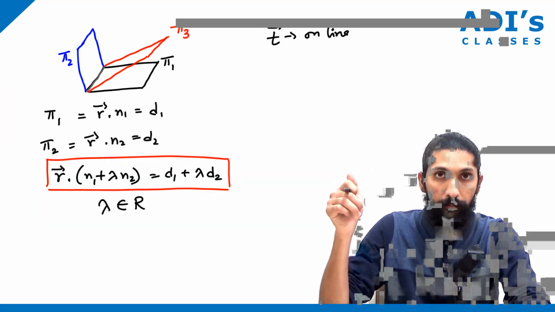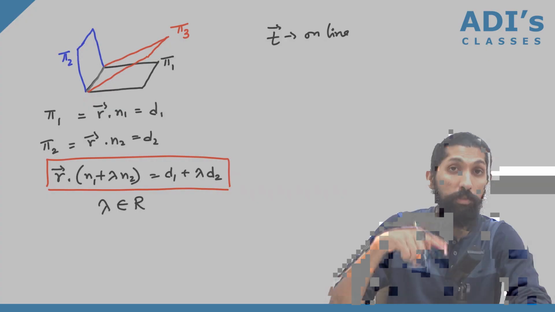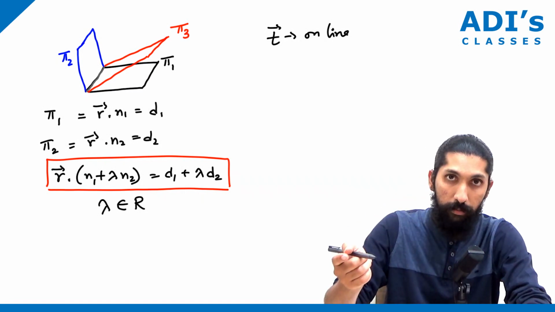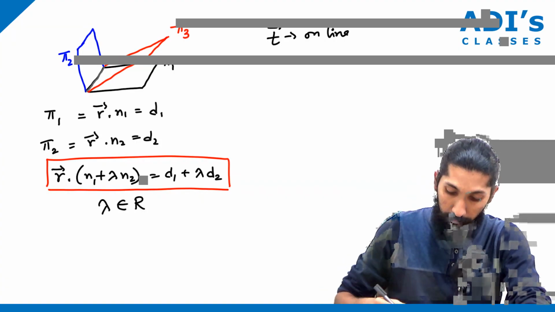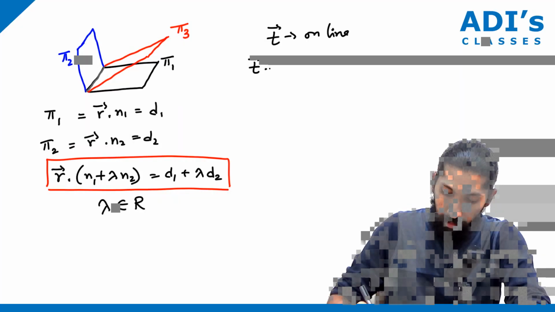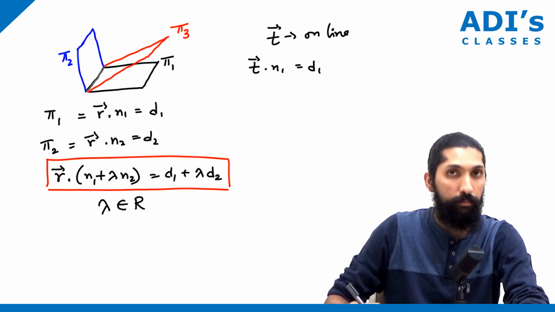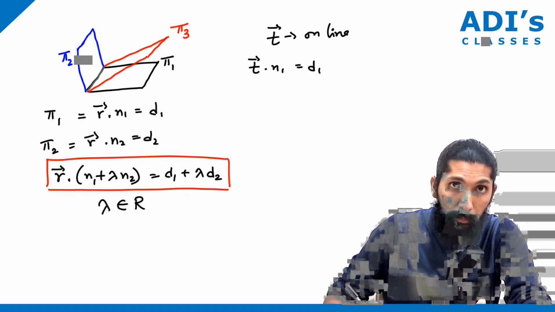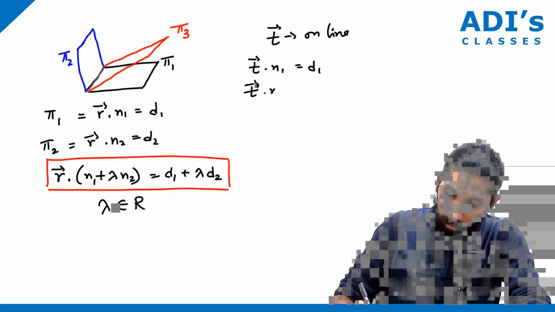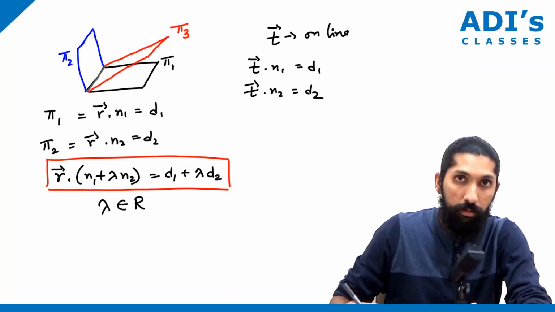That means T is a point on both the planes pi 1 as well as pi 2. Make sense? That means for the first equation we are going to get T dot n1 is equal to d1 because it's there on the first plane. Likewise, T dot n2 is equal to d2. It's there on the second plane also.